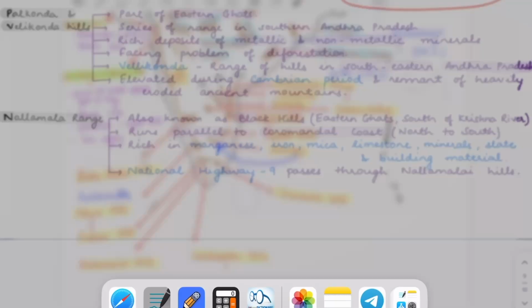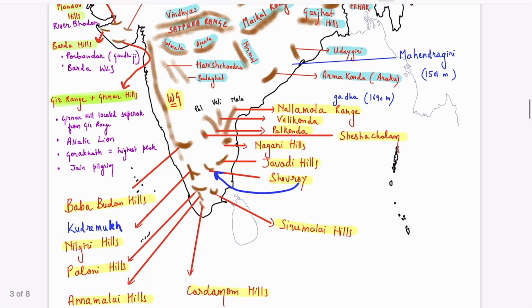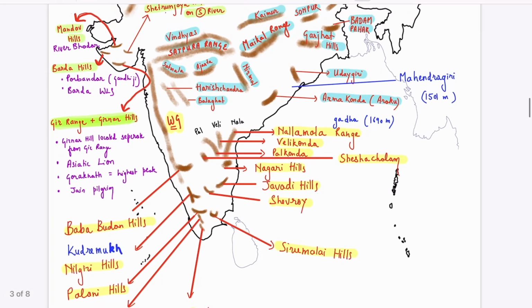Then the next range that we have is Velikonda and Palkonda. But before going into that, let me give you again an idea from north to south. First we have Udaygiri. I covered Udaygiri in the center just for the sake of convenience, but it constitutes part of the Eastern Ghats.